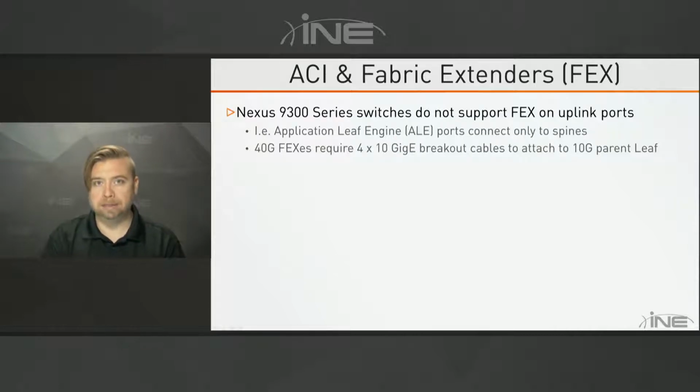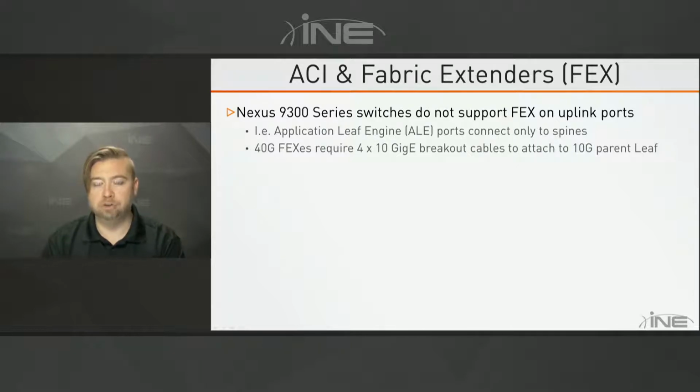So the key point is that if we have a 9372, which we have in our particular case here, it has 10 gig downlinks to the access layer and 40 gig uplinks that go to the spines. One of the limitations that you run into is that if we have a fabric extender that is using 40 gig uplinks as opposed to 10 gig uplinks, you can't take those 40 gig ports of the extender and plug them into the 40 gig uplinks of the leaf switch.